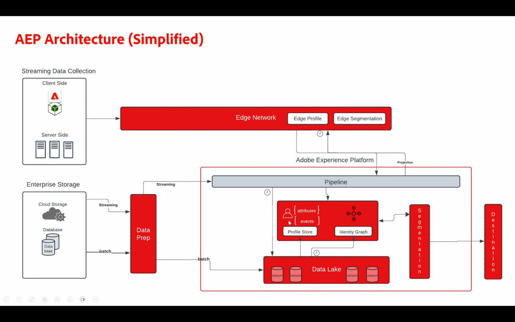The profile store is representing a projection and composition of all the different data sets that are enabled for profile. So when you enable a data set for profile, you create a data set, then you allow it to project to the profile store. And this profile store will merge data most of the time based on the last entries.